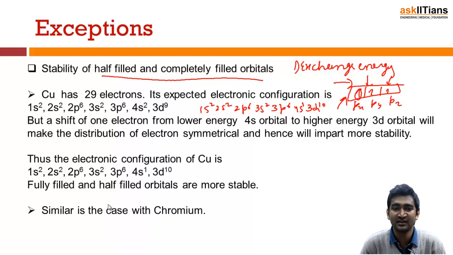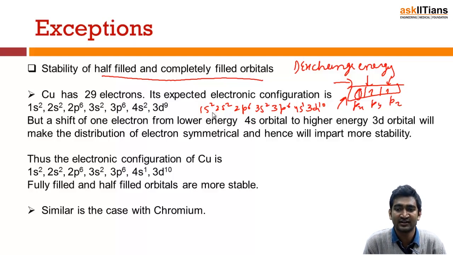Also, it has been seen that if I have this much exchange energy, if these are the half-filled orbitals, that means I have all orbitals with at least one electron there. So with that, my repulsion factor is reduced, right? For example, if I enter the electron here only, in case of 4s2, in case of 3d9, then there was a repulsion factor which will dominate over the stability factor.